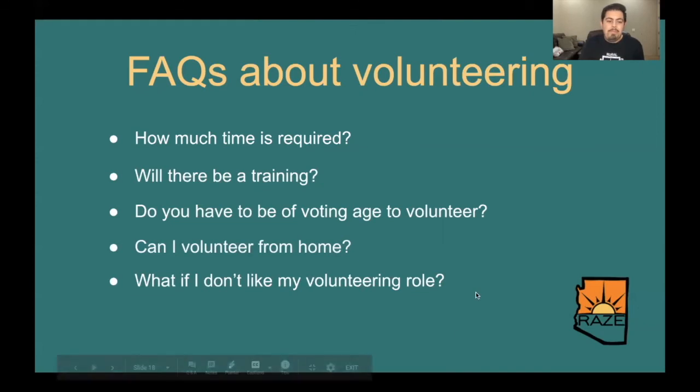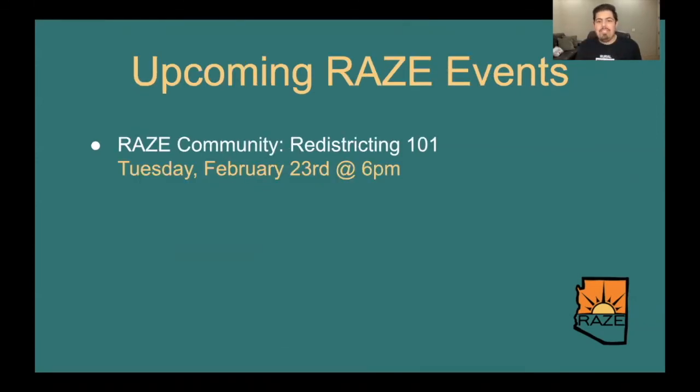All right, so just some upcoming events that we're having here at RAZE. On the 23rd at 6 p.m., we're having our RAZE Community Redistricting 101 event. That is going to be a very important event. The census happened last year. This year is redistricting.